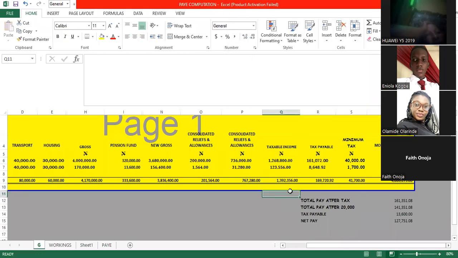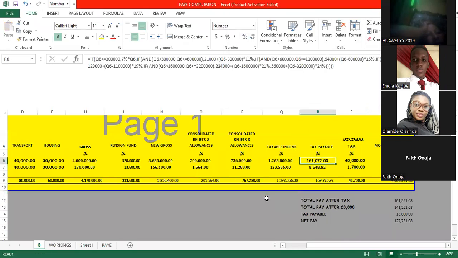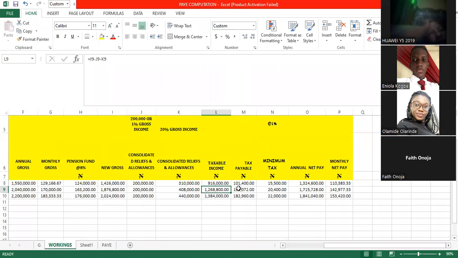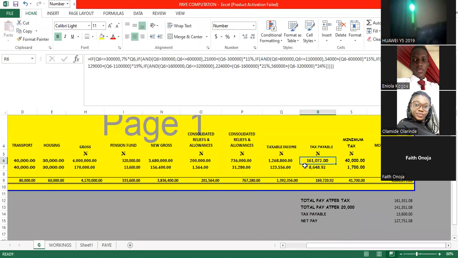So can you see what we are having? We are having 161, right? Yes, sir. Okay, so let's come here. Maybe it's the same figure we have, 161. Perfect. So instead of calculating one after the other, you can actually use this formula I've generated. I'm going to share this with those who attended the lecture.